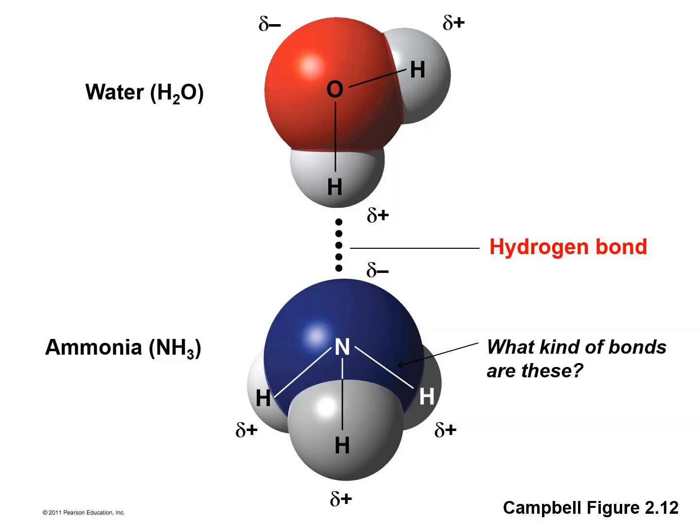So here we've got our water molecule up here, and then down below we've got an ammonia molecule. And if these are mixed together, then they will actually attract each other and form a hydrogen bond between them.